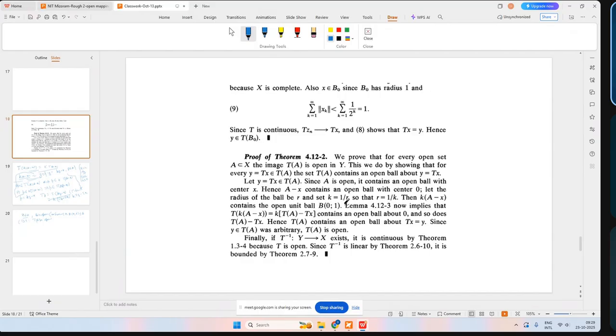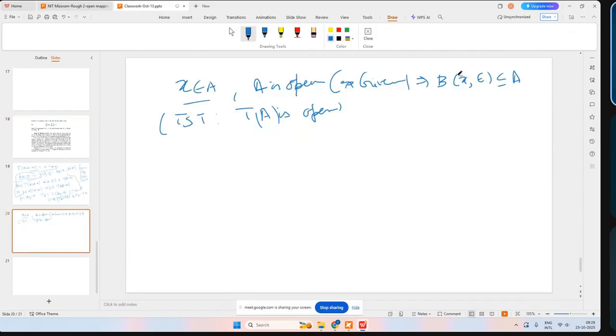A is open. It contains an open ball of radius say R. So essentially he says radius R, open ball. I am using epsilon here, he is using R. Nothing more.